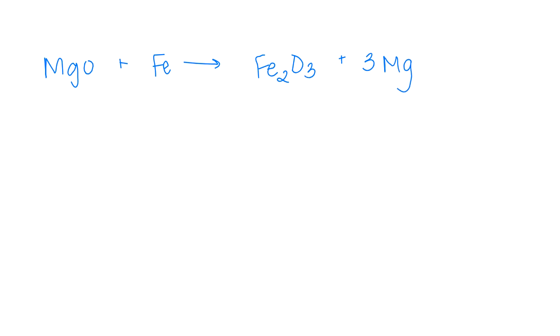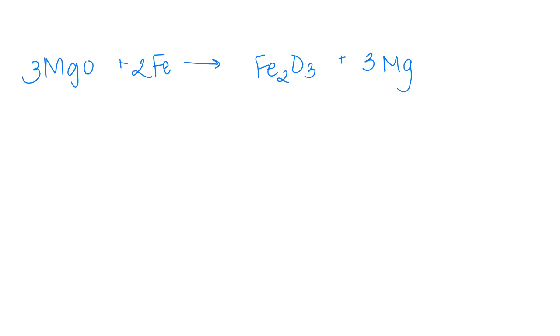We're going to look at this reaction where we have magnesium oxide plus iron, and we end up making some iron(III) oxide plus some magnesium. Once this is balanced, our equation is balanced.